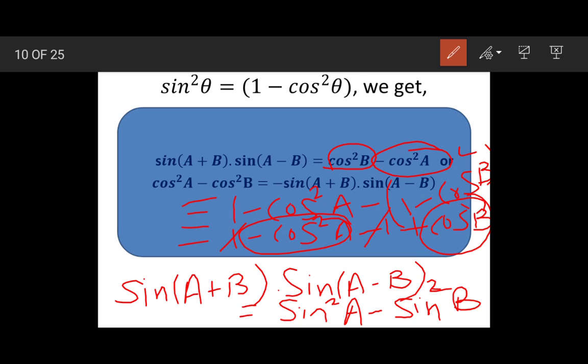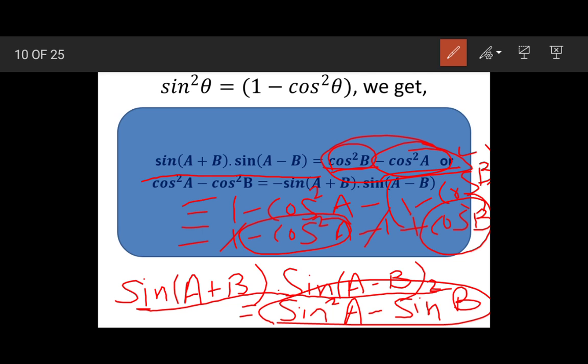Okay, so this sin(A+B) times sin(A−B) is also equal to cos²B minus cos²A. So sin(A+B) times sin(A−B) is equal to either sin²A minus sin²B, or this is equal to cos²B minus cos²A.